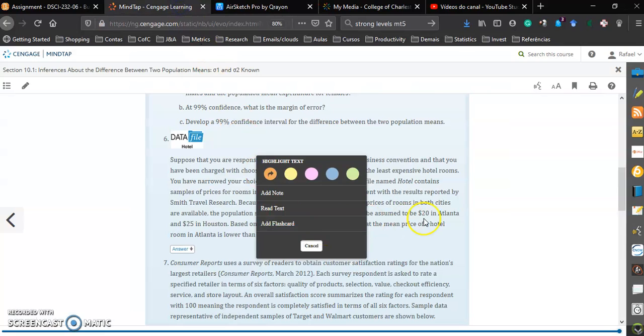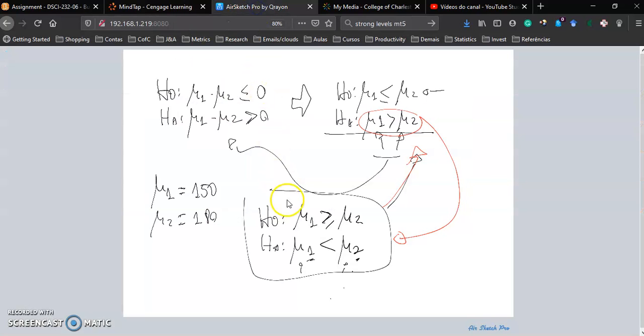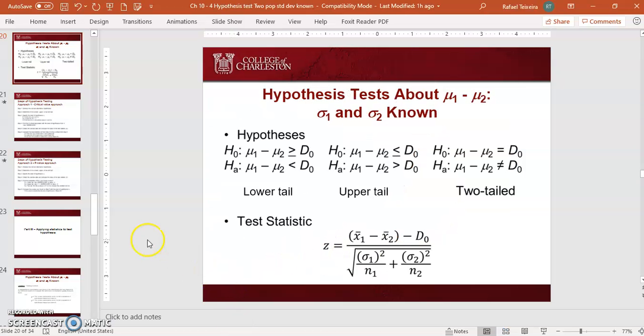But what I want to highlight is that by reading lower, increase, higher, and so on, you can set up the means and then set up the hypothesis properly. Okay, so that's something that is very important.